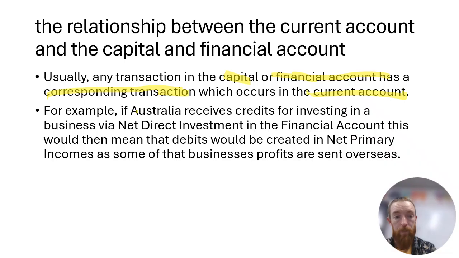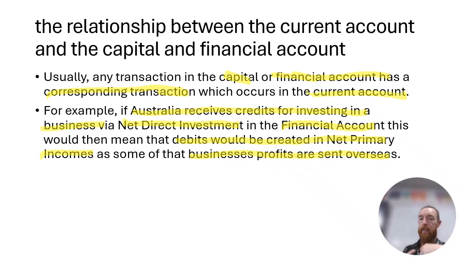So for example, if Australia receives credits for investing in a business by net direct investment in the financial account, this would mean that debits would be created in net primary incomes as some of that business's profits are sent overseas. So if we have a business invest in Australia, that's a credit. However, when the profits are sent back overseas to that business or the owners of that business, that is a debit going out in the current account.